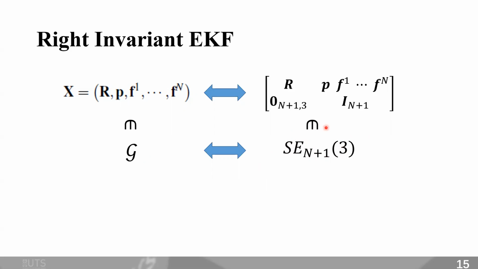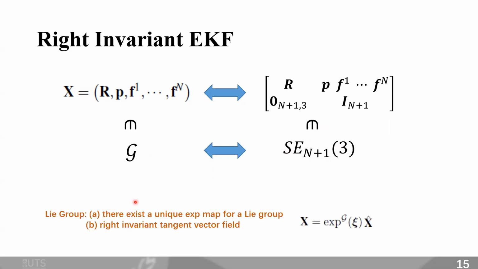For a Lie group, there exists a unique exponential map which transfers a tangent vector into a group element. The statistical model of X is generated by the right invariant tangent vector field, because the geometry near any point in the Lie group is the same as that of the unit element.